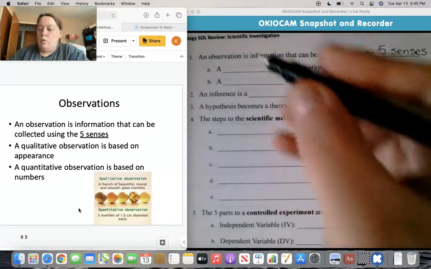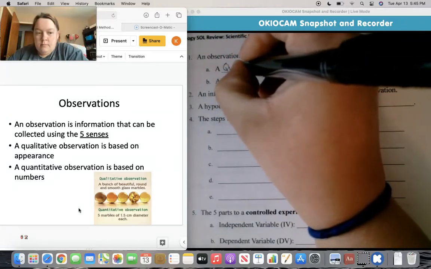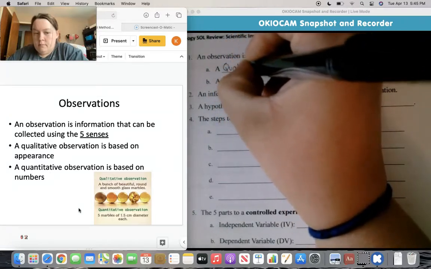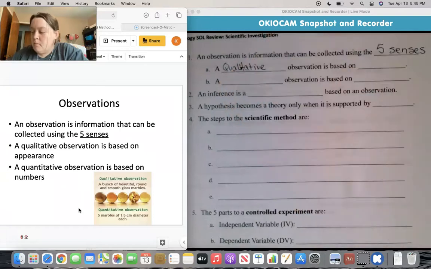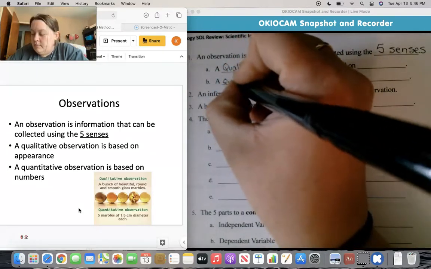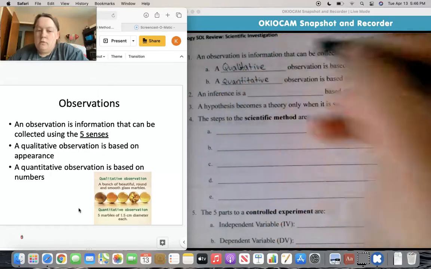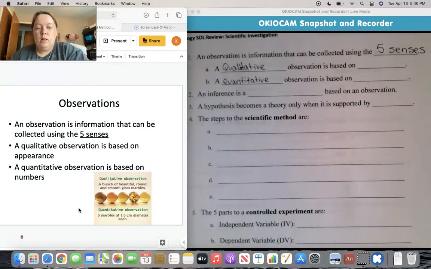They are either qualitative or quantitative. Observations are either qualitative or quantitative.